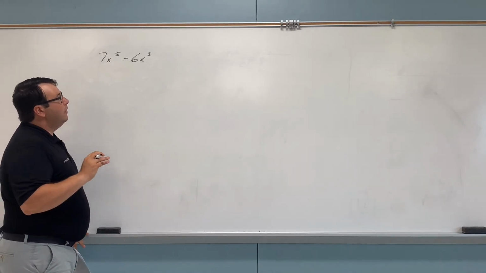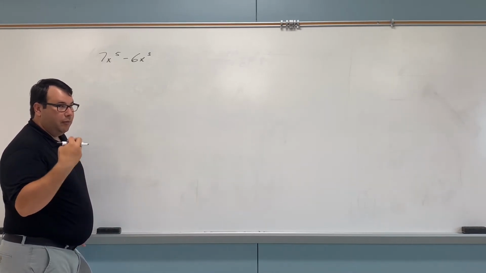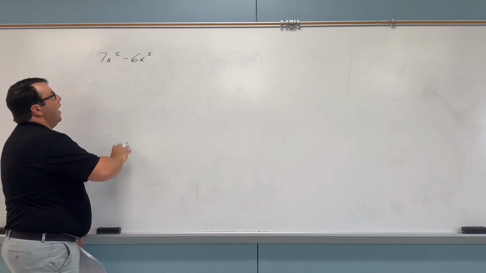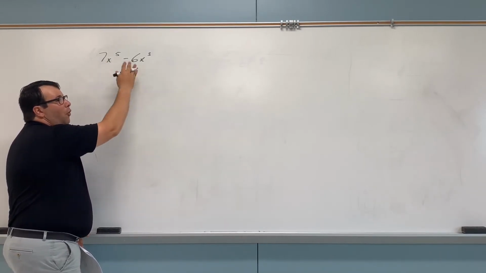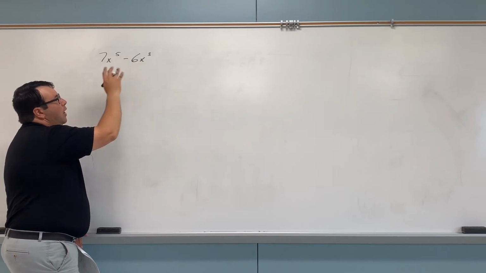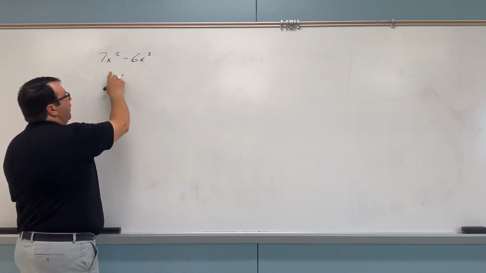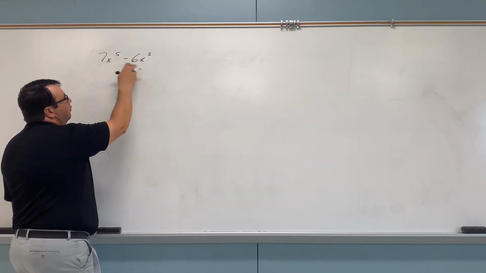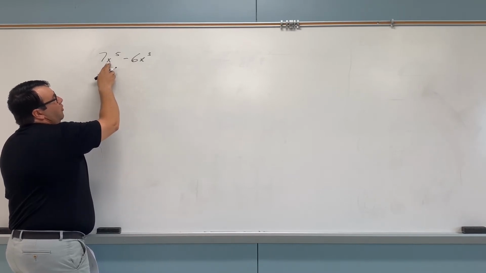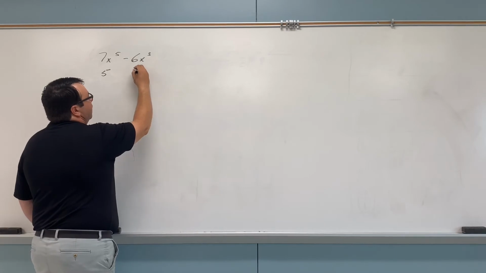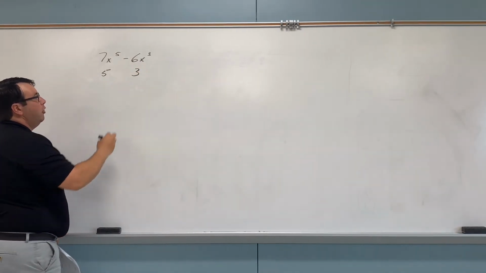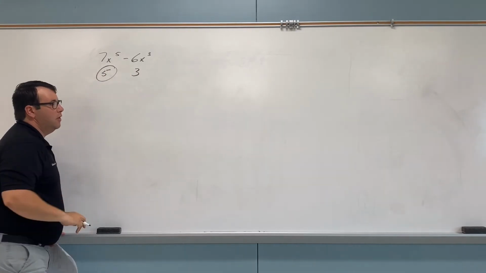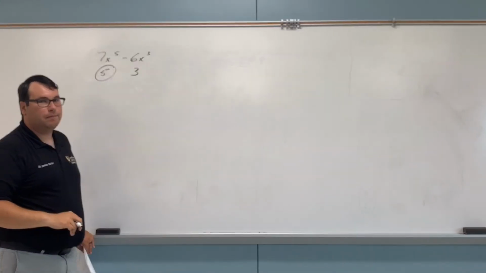To find the degree of the polynomial, just one more time, I have to look at the individual degrees of each term within that polynomial. In this case, it's very simple because I only have one variable in each of these two terms. I have a degree here of 5. I have a degree here of 3. The degree of my polynomial is the greatest of these, which is 5.